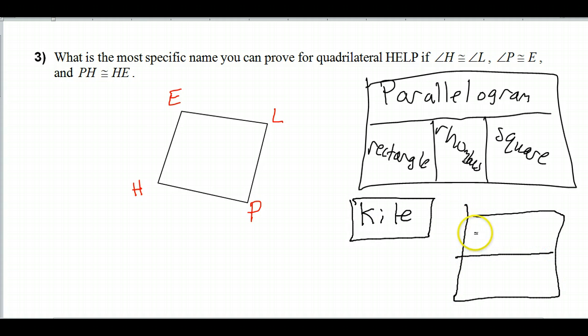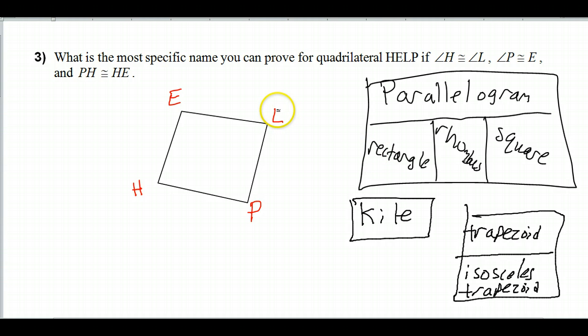It could be a trapezoid, or it could be an isosceles trapezoid. Okay? So those are the 7 options. By the way, all 4 of these up here are parallelograms. These are just special kinds of parallelogram.